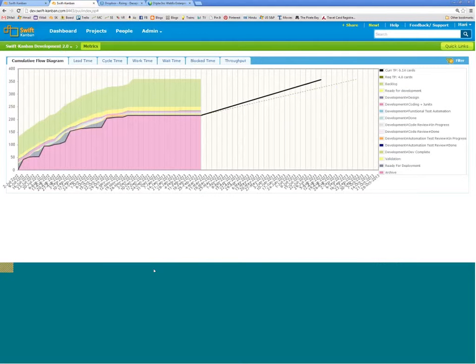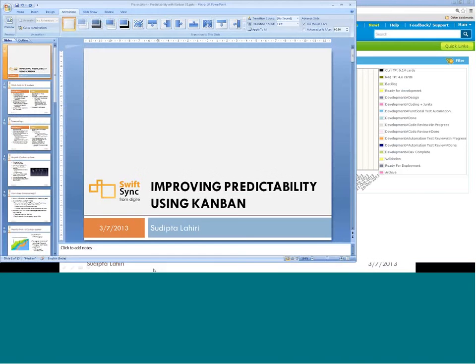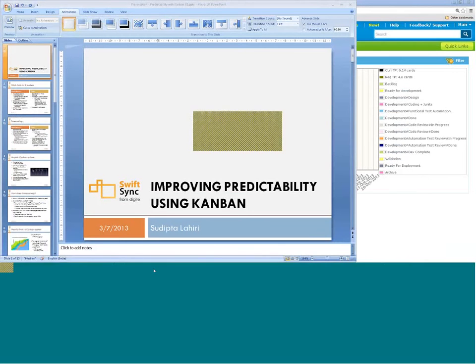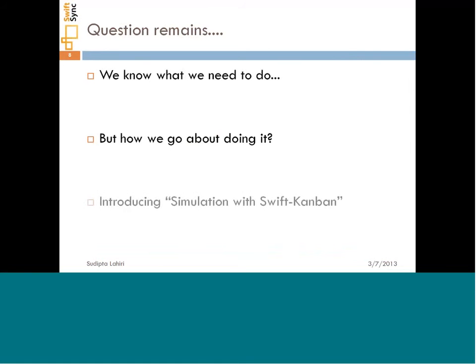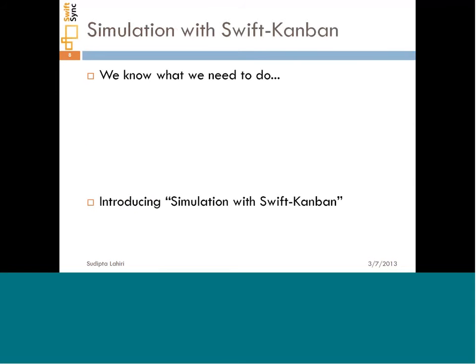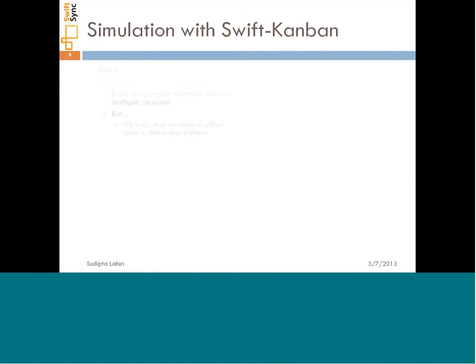All that I've shown you so far is an absolute number, but I have not given you a method to get there. And that is where we talk about using simulation, using the project board.